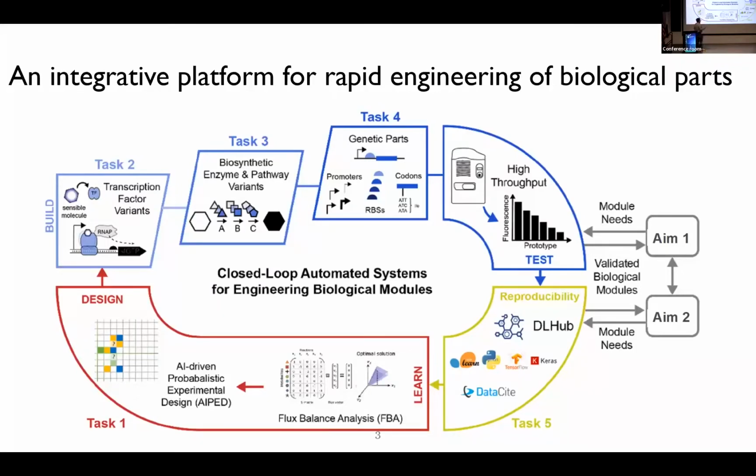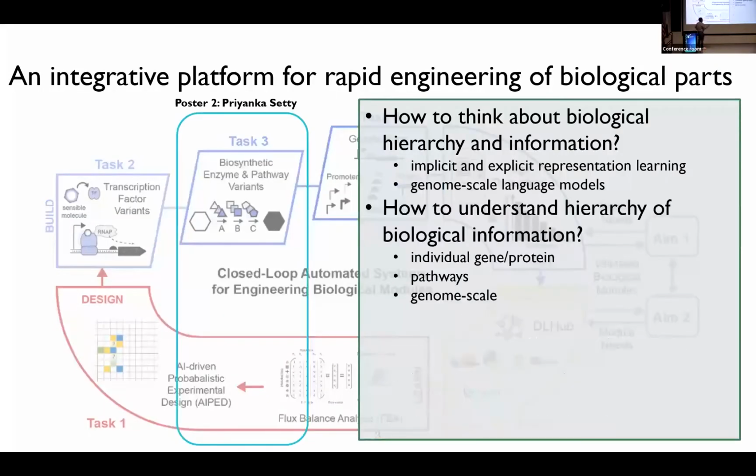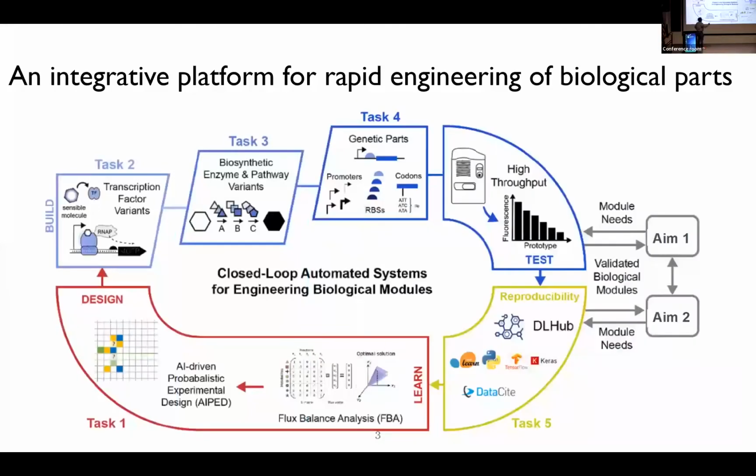All of this stuff that you see on the other side, which is this high throughput testing and so on, is done in a liquid handling, cell-free system. So we don't have to do them in cells, express them, and do all those things. The idea of doing this in high throughput is one aspect.